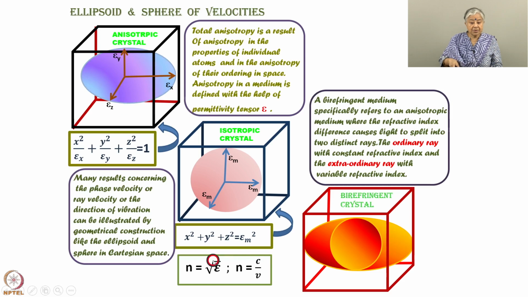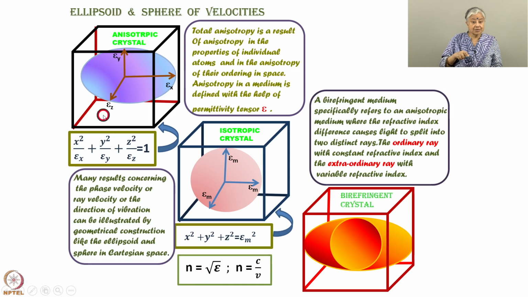The root of the permittivity is equal to n, the refractive index, and the refractive index is equal to c by v, the velocity of the ray. So, the velocity and the refractive index are also sometimes described by an ellipsoid. It is called a sphere of velocities or ellipsoid of velocities, or it can be called the index ellipsoid. Index means refractive index.